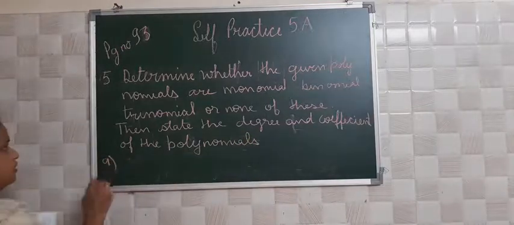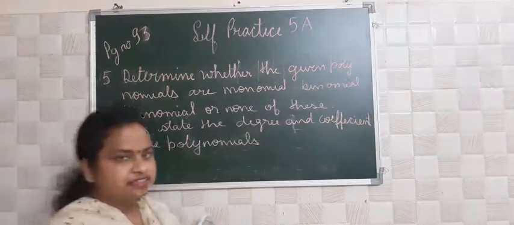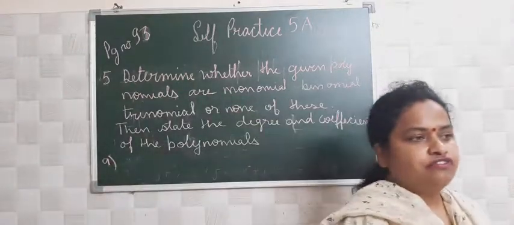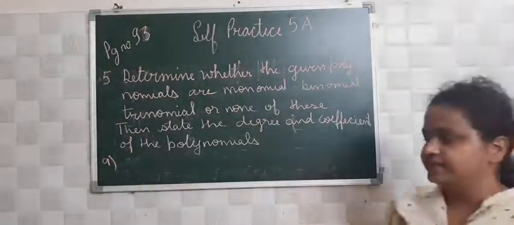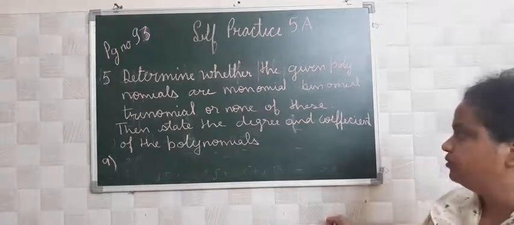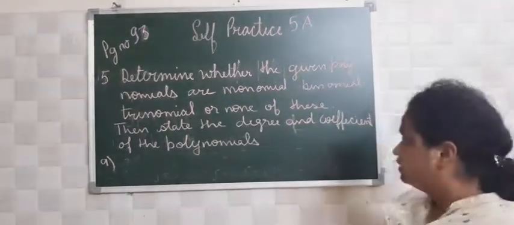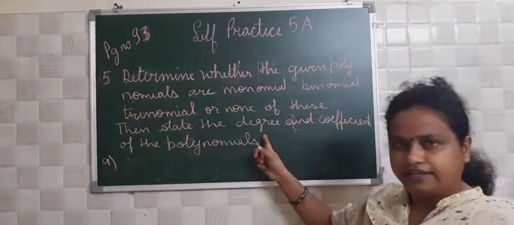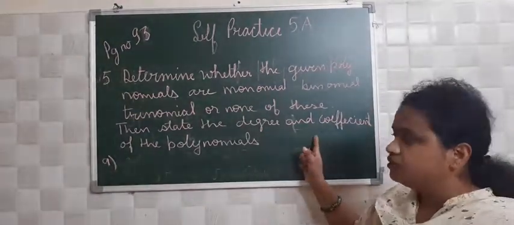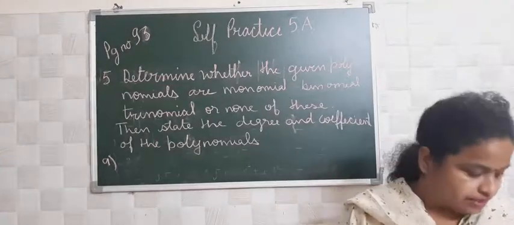A part. Now here we have to tell three things. First of all, which type of equation it is, whether it is monomial, binomial, trinomial or none of these. After that you have to tell the degree, and at last you have to tell the coefficient of the polynomial.